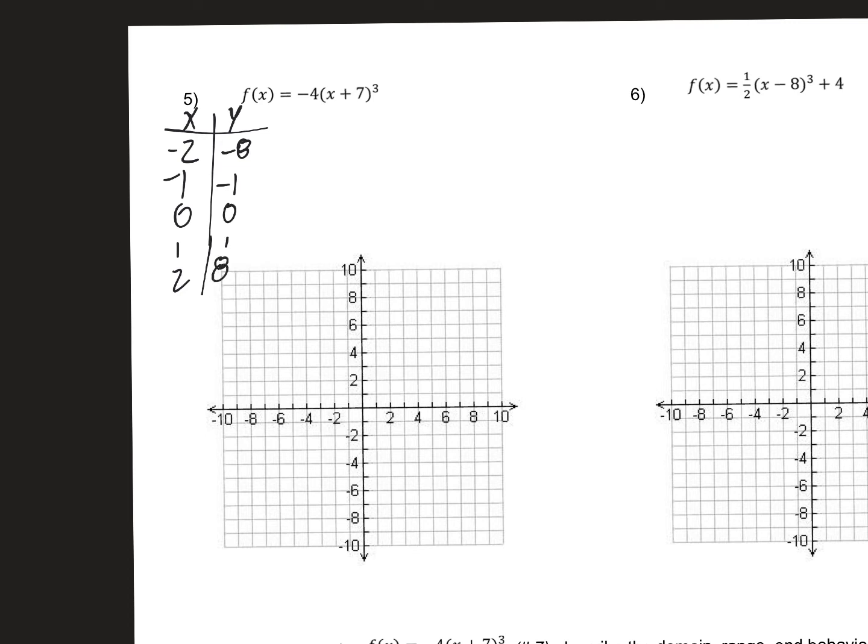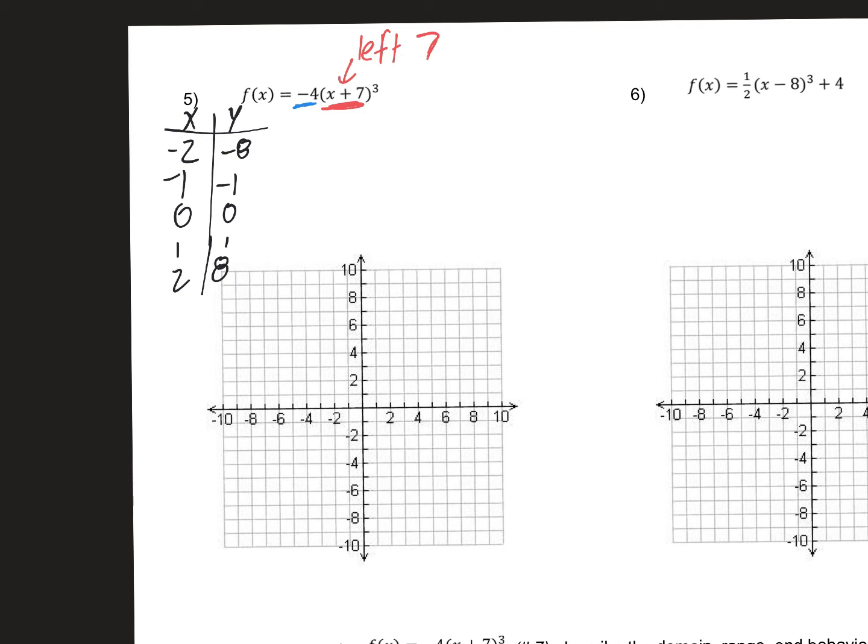Now, my new values, let's think about how our functions moved. Let's just start with this. This one is going left 7 units, okay? And then that -4 at the front is actually two things in one.